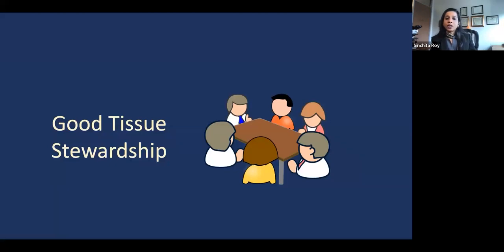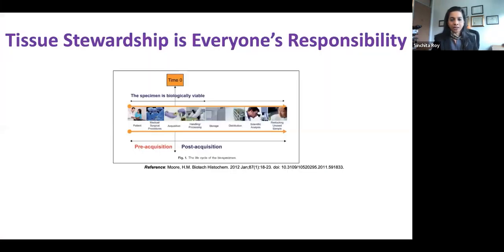So that triage and processing component is what brings me to good tissue stewardship, because this is actually everyone's responsibility, starting from the clinician who orders the test, the person who does the procedure, to anybody in the lab who's processing the tissue and interpreting, reviewing it, and the molecular lab that is going to be testing. All of us are at that table, and we play a huge role in terms of ensuring that that tissue is adequate for testing.